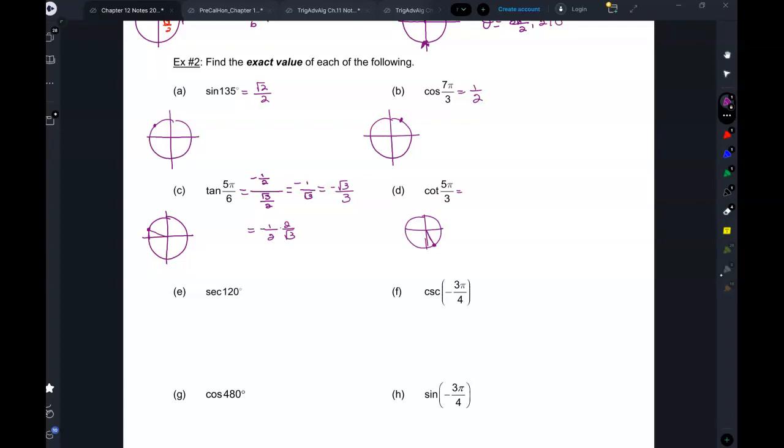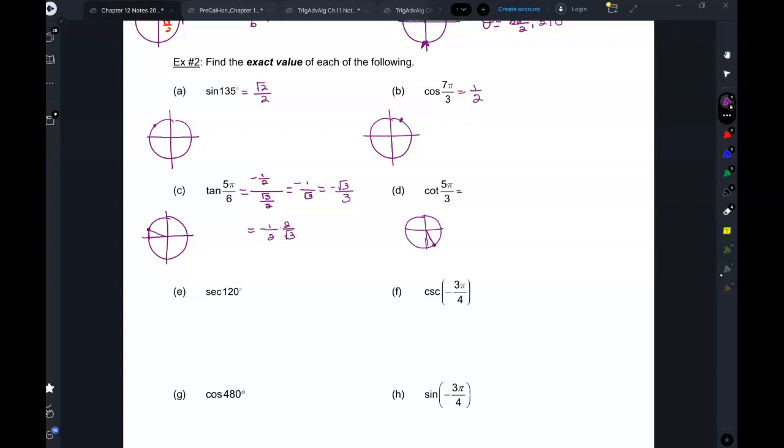Okay, so this is 1 2/3 pi, correct? So 1 2/3 pi is here. But also, you have to have these memorized now, where the pi over 3's are 1 pi over 3, 2 pi over 3, 4 pi over 3, 5 pi over 3. So 5 pi over 3 is definitely in this quadrant. Now, to go here, I go horizontally 1/2, vertically negative root 3 over 2.